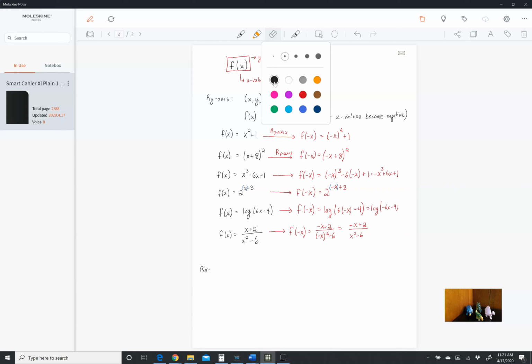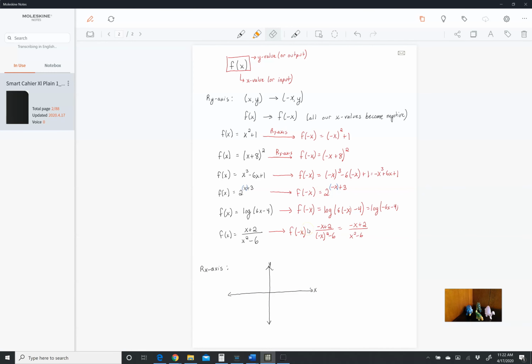So we're going to start the same way that we started with the other one. We're going to look at the coordinates first. So the difference is that here our x-axis is our line of reflection.